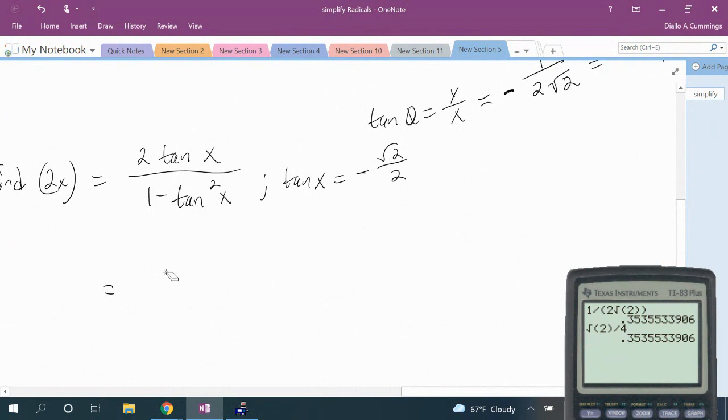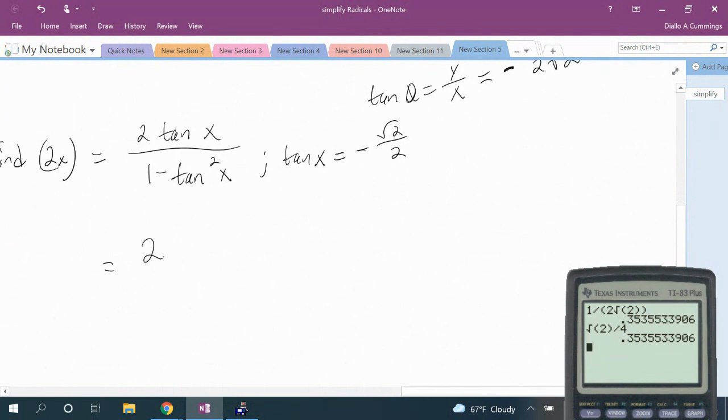All right, so substituting that in, in the numerator we have 2 times the tangent of x, which is negative square root of 2 over 4, divided by 1 minus tangent squared x.